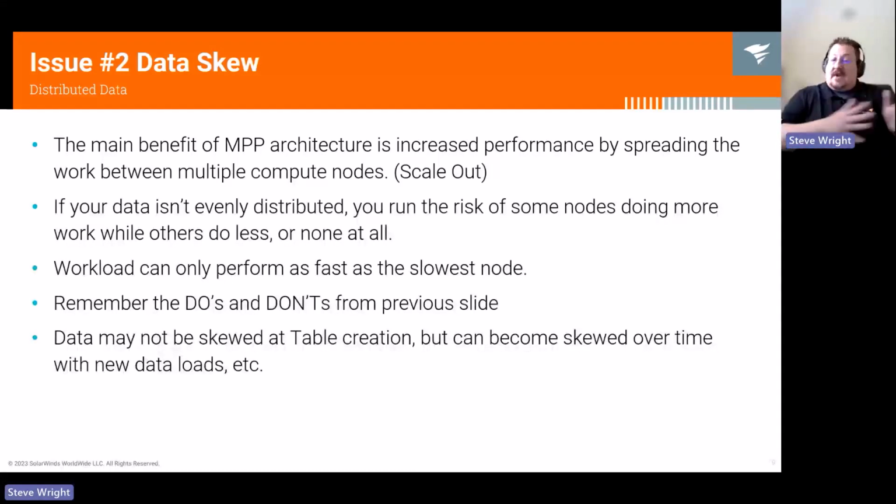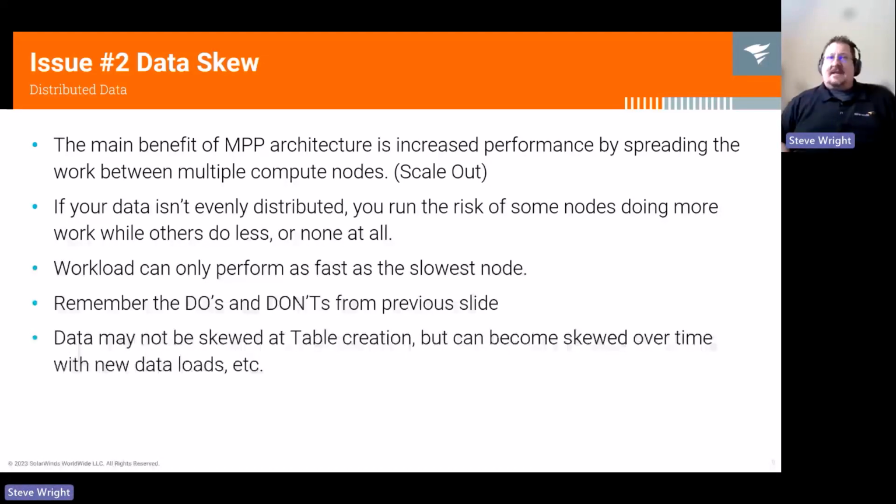Essentially, you have those 60 distributions, and some of the distributions hold much more data than the others. Because of that, some compute nodes are going to be dealing with a lot more data than others, and you're not properly scaling out the workload evenly across the pool.